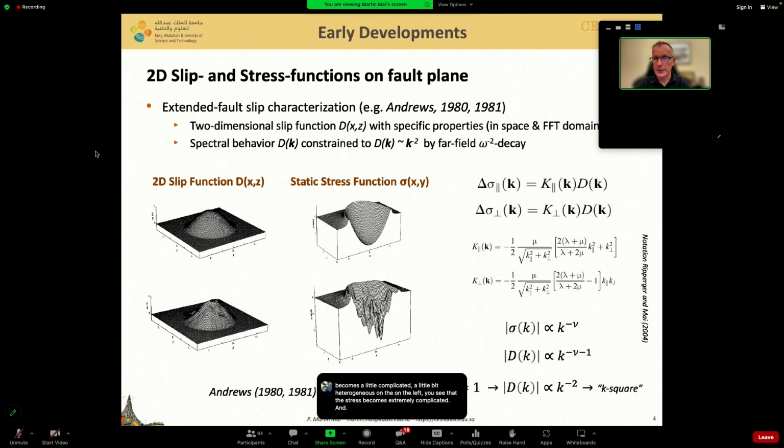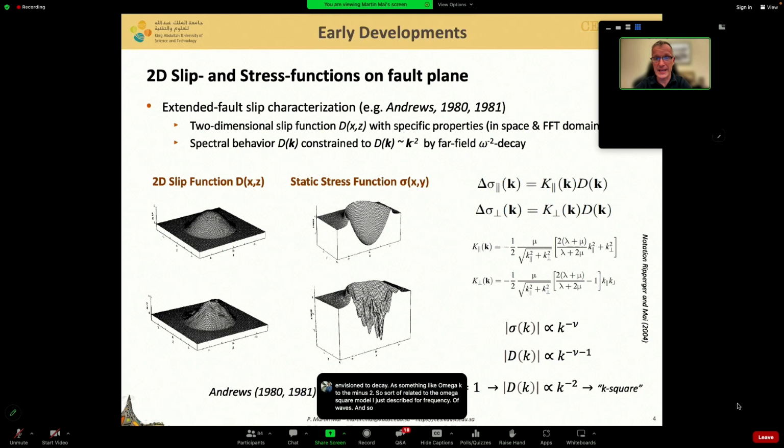He described this slip and stress connection with the spectral behavior. The wave number domain he used here, or the wave number vector, is described as K. And so the slip function in the wave number domain, he envisioned to decay as something like K to the -2, so sort of related to the omega-square model I just described for frequency of waves.